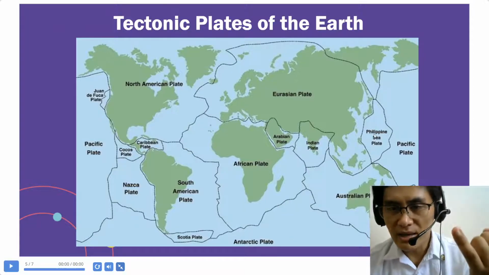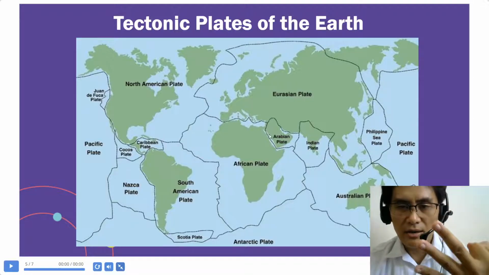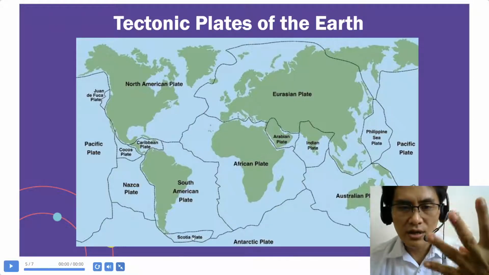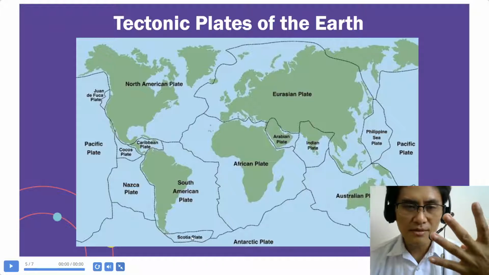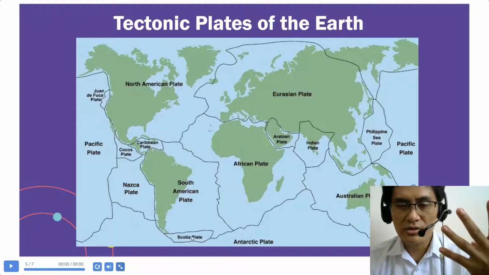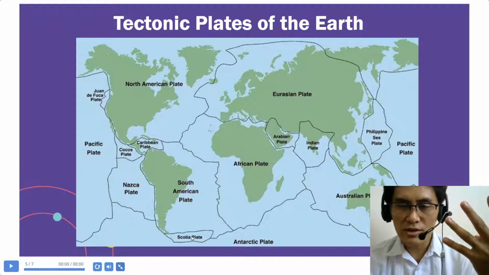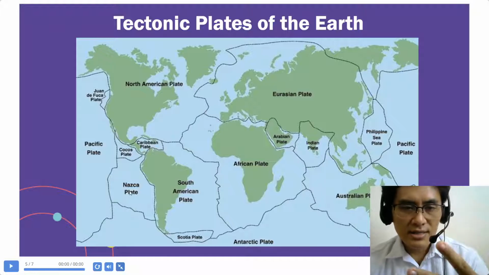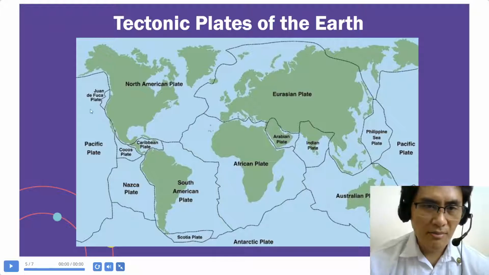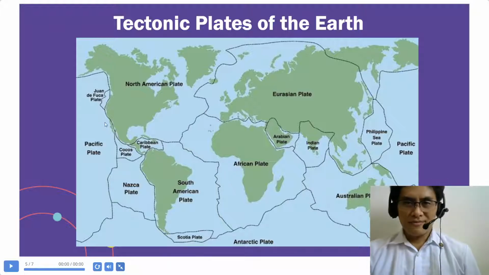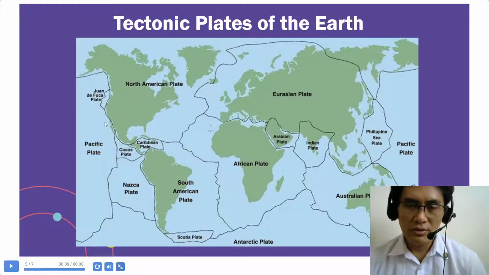The Philippine Sea Plate, Indian Plate, Arabian Plate. You have here the Scotia or Scotia Plate. I believe both pronunciations are correct because you have things like Nova Scotia. And then you have Nazca Plate, Cocos, and Caribbean Plate. That's 7. In this map, it includes Juan de Fuca, but most books would only refer to 7 major and 7 minors.